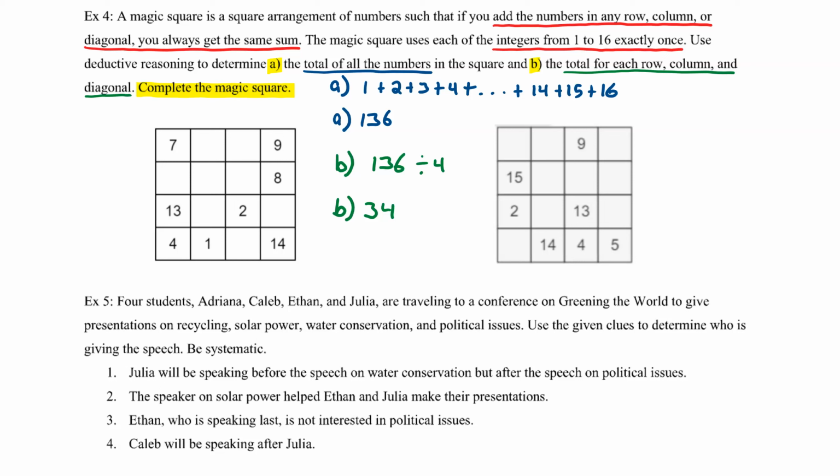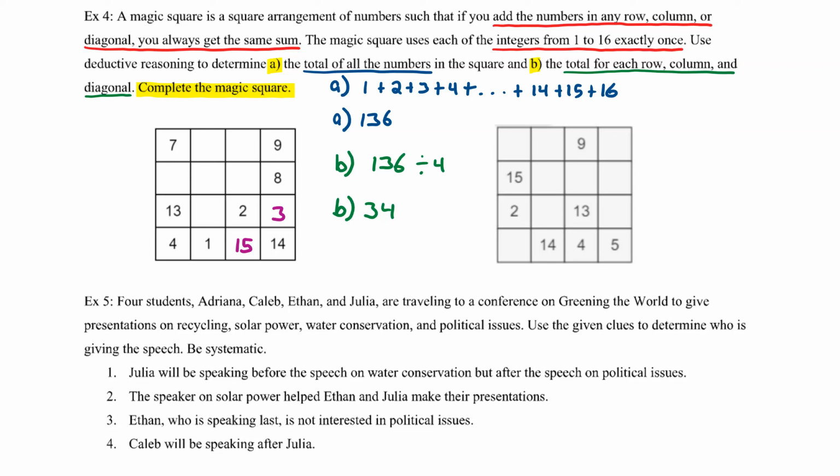So then that means we need one number to make it to 34, so it's going to be 15. Okay. On the far right column, we have 9, 8, and 14. Currently, those 3 combine to equal 31, so we need 3 to make it equal 34.